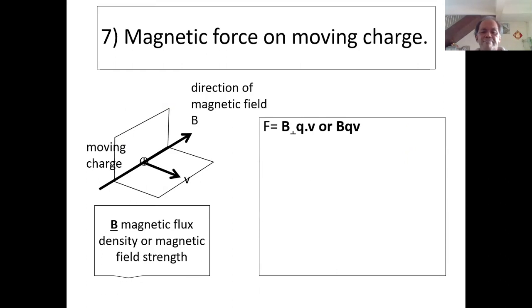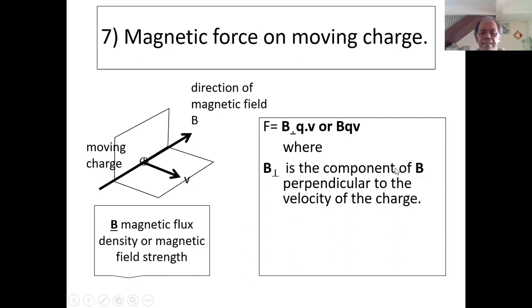So the force, usually the B is perpendicular to the velocity. In this case, if they are all perpendicular, the force is BQV, where B is the perpendicular component of B, perpendicular to velocity.